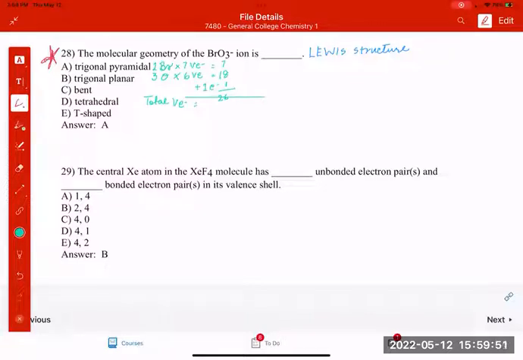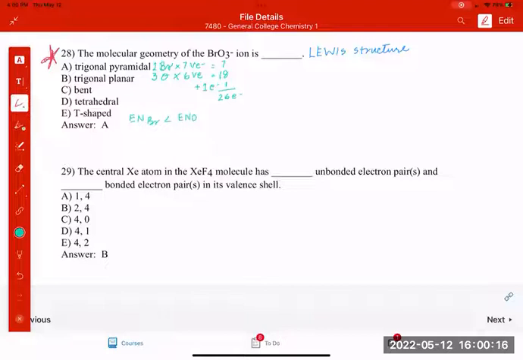Next, what will you do? Central atom, very good. We see that the electronegativity of bromine is less than the electronegativity of oxygen, so bromine will be the central atom.